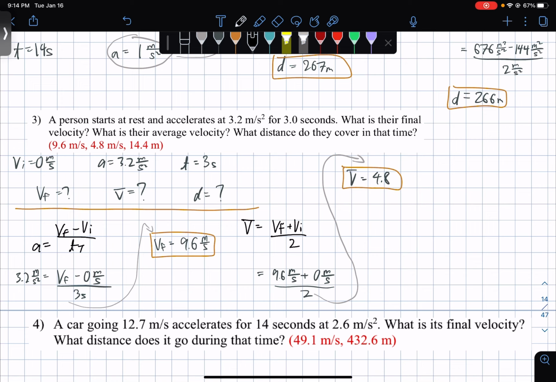Anyways, so what is the distance? What kind of formula do we have for distance? Distance is equal to Vi t plus a t raised to 2 over 2. Or we could use the other one.